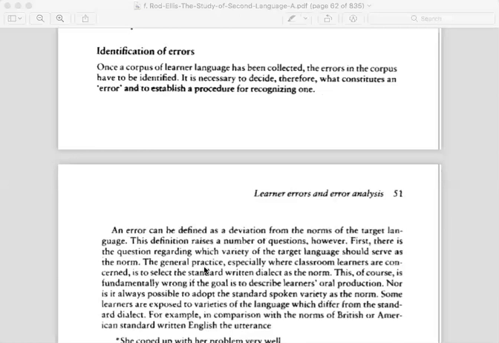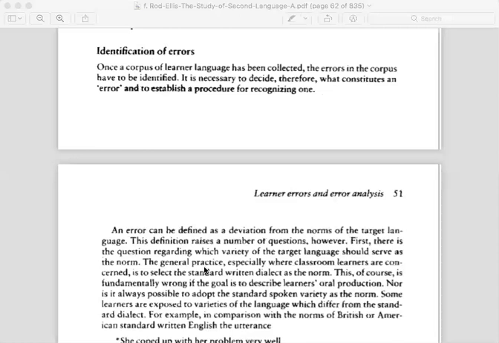In order to know the difference between error and mistake, we should know the difference between competence and performance, right? I don't know if you know the definitions or if you have any idea. These are terms from psycholinguistics or second language acquisition.